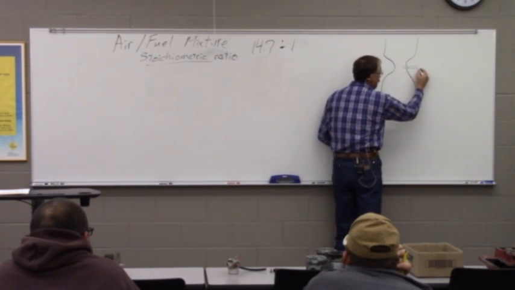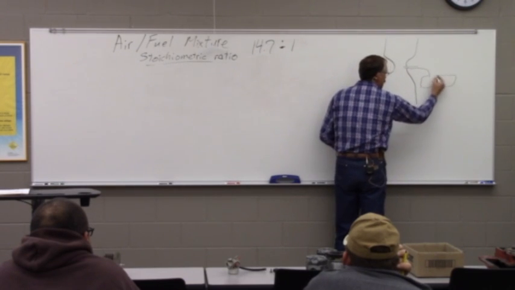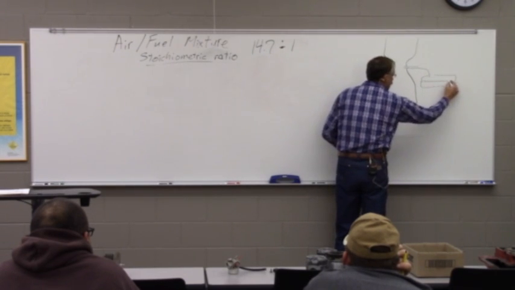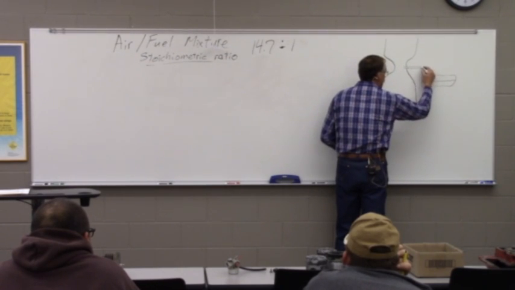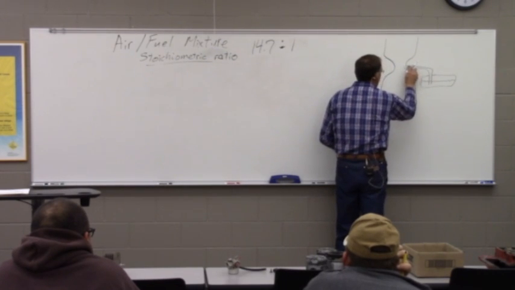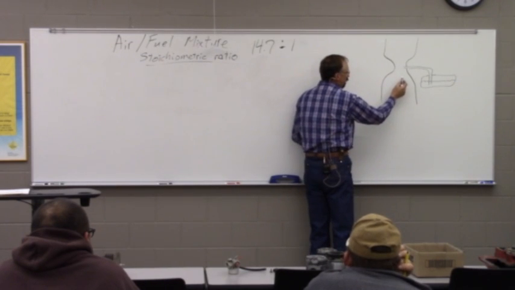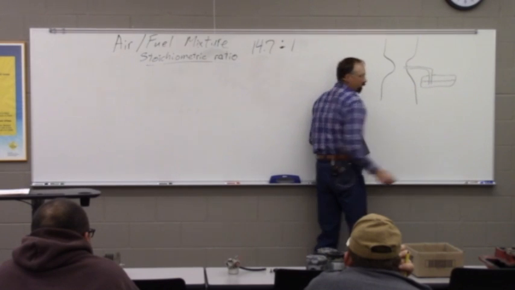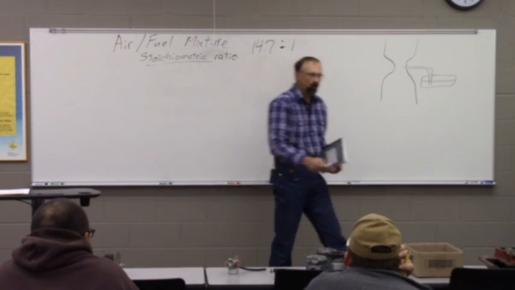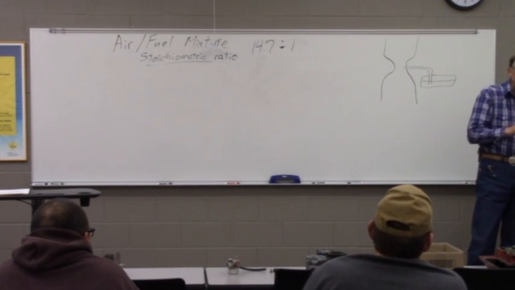and we run this over to a bowl of fuel, so we've got liquid gasoline in that bowl. The pressure in here is less than the pressure there, so it does the same thing as if we put our mouth on that red drinking straw right there and sucked on it, right?